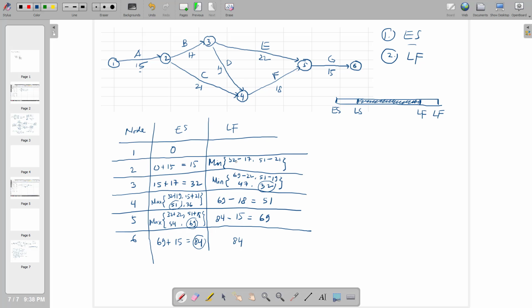So what is the value for 32 minus 17? 15, and the other one is 30. Okay, sorry.